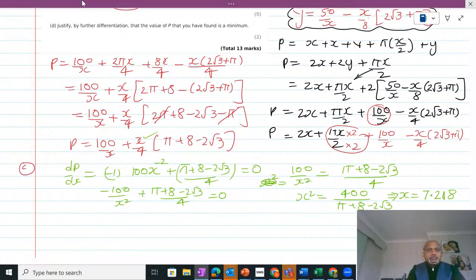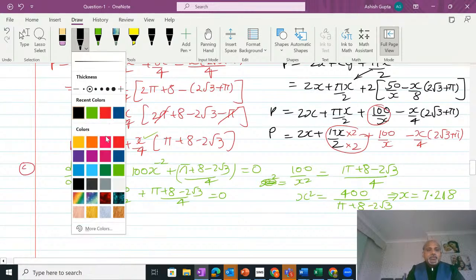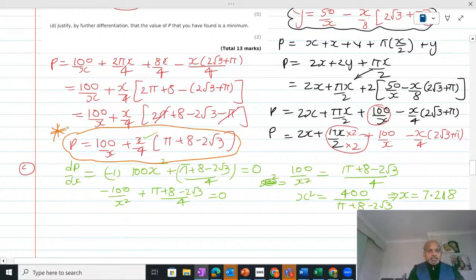So remember, they are asking minimum value. So what we need to do in this case? So again, asterisk sign. You need to put the value here, where I'm putting asterisk sign. This is extra work you need to do because they are asking. So put x equal to 7.218 in this equation.